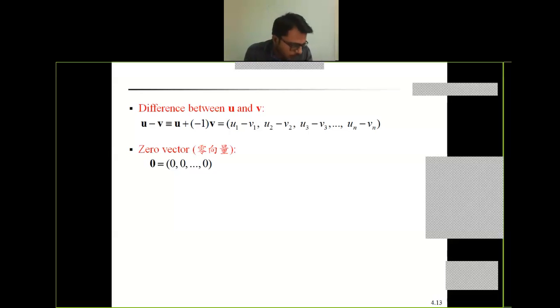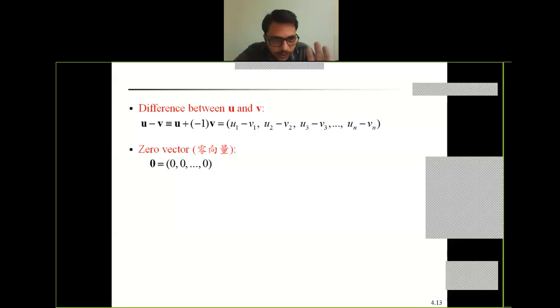And one another important vector which every vector space has, please remember, is the zero vector. The zero vector is present in every vector space.